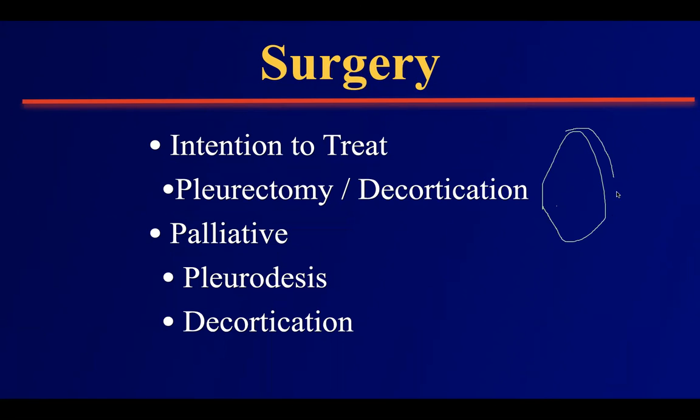So normally the parietal pleura, like this is lung, and parietal pleura is very thin, 20 microns thick. Because of the tumor, the red drawing represents the mesothelioma, it becomes very thick.